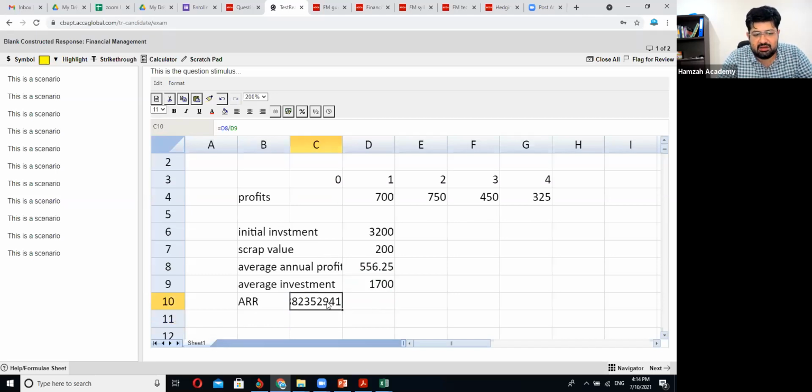You see here, the answer has too many fractions. I will simply write it in percentage: 32.7%. Is it clear?